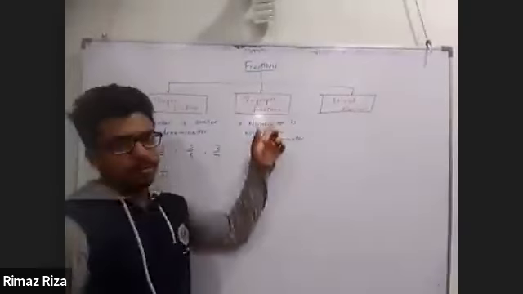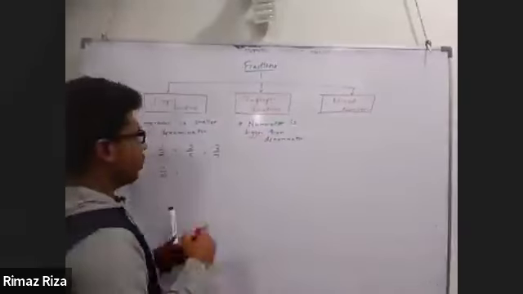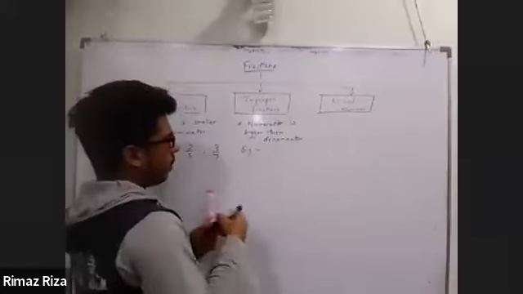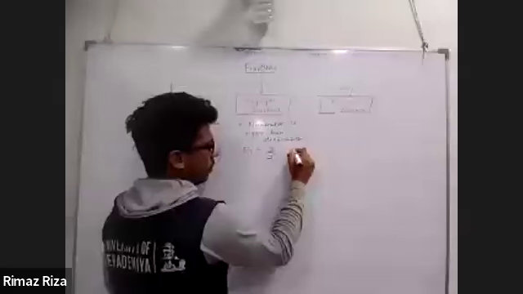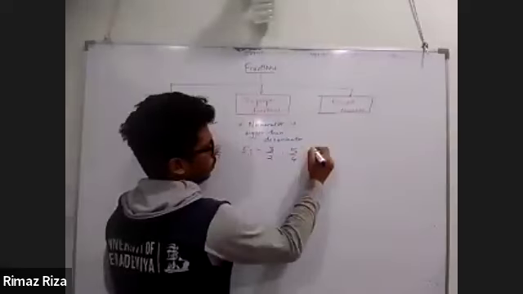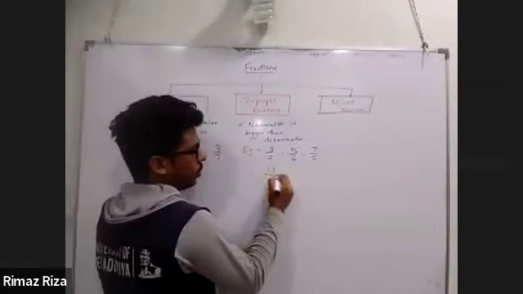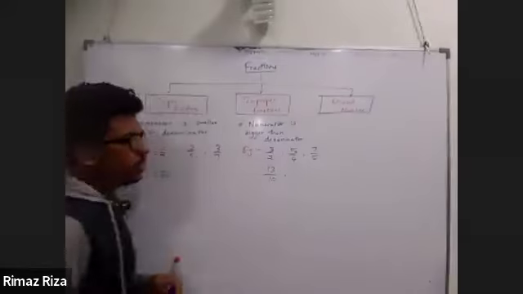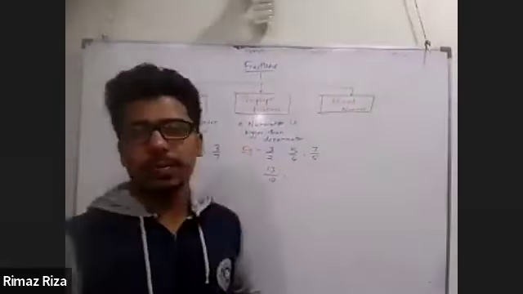In improper fractions, numerator is bigger than denominator. So the examples we have: 3 over 2, 5 over 4, 7 over 5, 13 over 10, etc. So these are improper fractions.